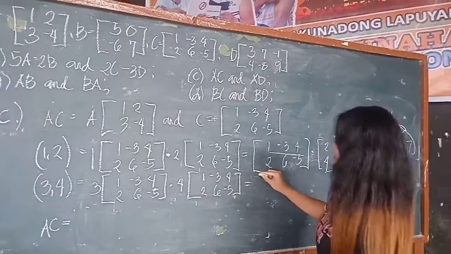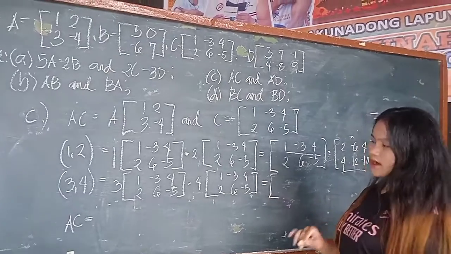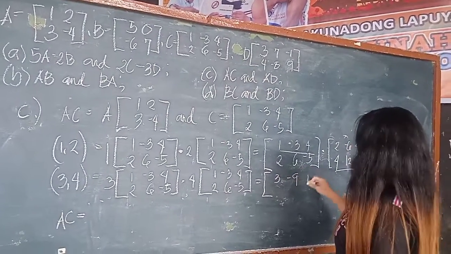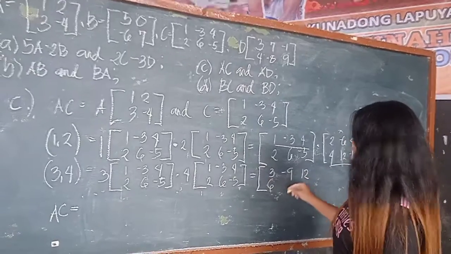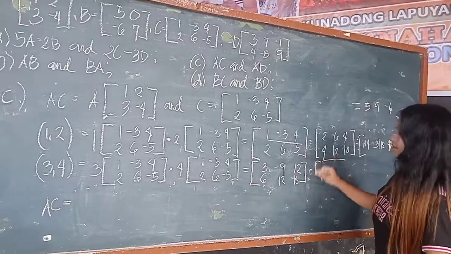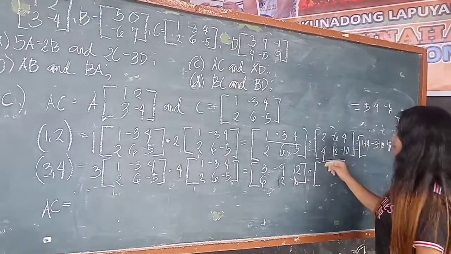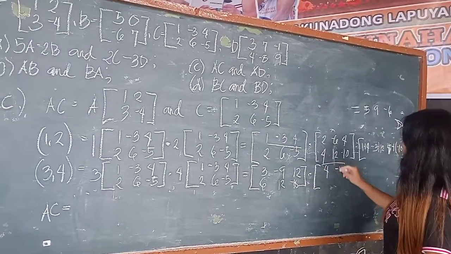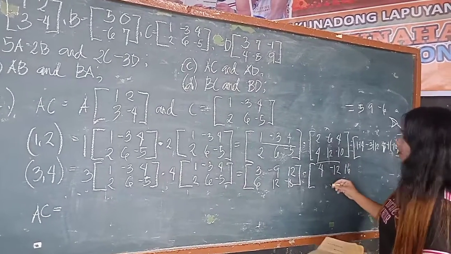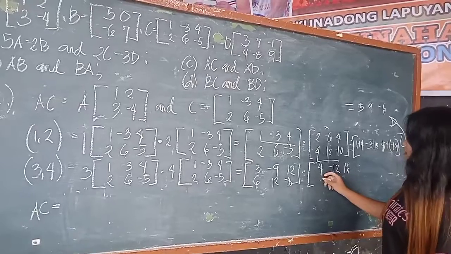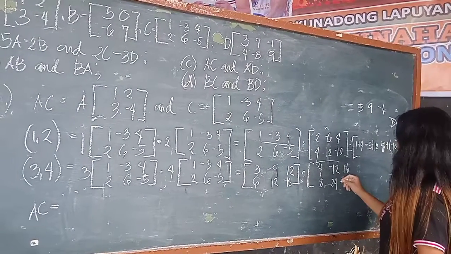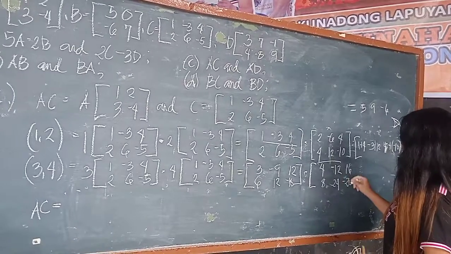We multiply it to the value of letter C. So, 3 times 1 equals 3, negative 9, 12, 6, 12, negative 10. And multiply by 4: 4 times 1 equals 4, 4 times negative 3 equals negative 12, 4 times 4 equals 16, then 2 times 4 equals 8, 4 times 6 equals 24, and negative 4 times negative 5 equals 20.